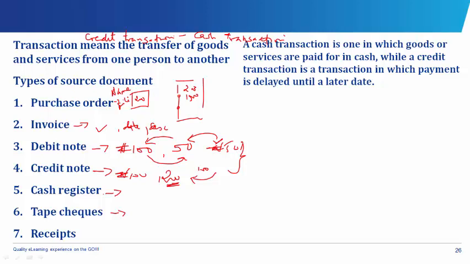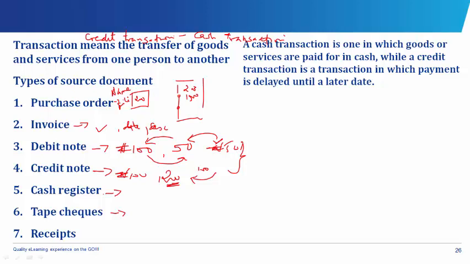But initially cash registers were machines that you punch in the transactions made and it prints out the cash receipt for the buyer. So the cash register is an automated machine. It keeps all the records automatically and prints out the cash receipt for the buyer. But now we have machines that can do that better.